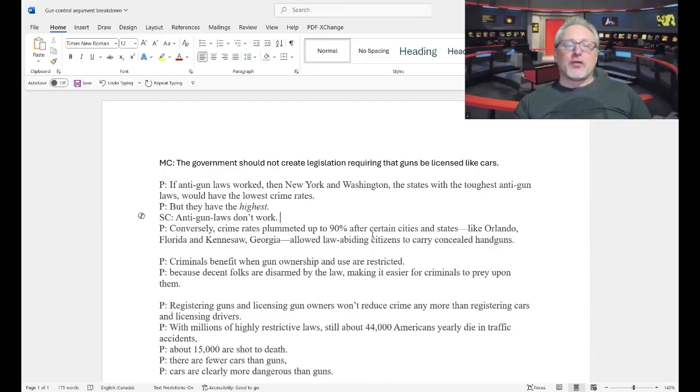It's part of the same paragraph and it is connected with the rest by the word conversely. Conversely, crime rates plummeted up to 90% after certain cities and states allowed law-abiding citizens to carry concealed handguns. How does this fit in?